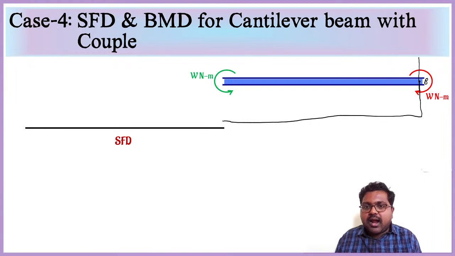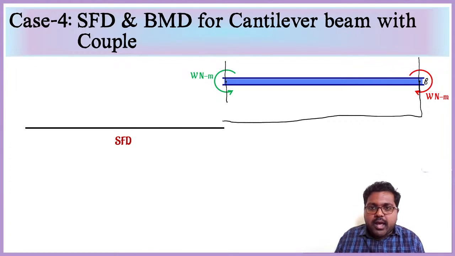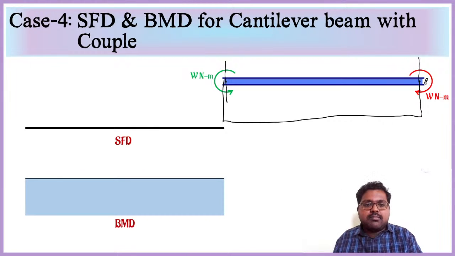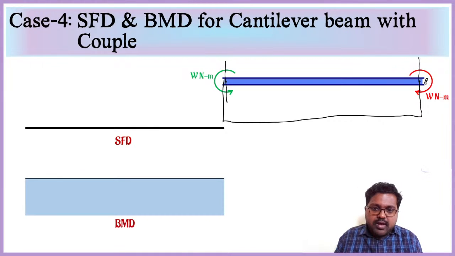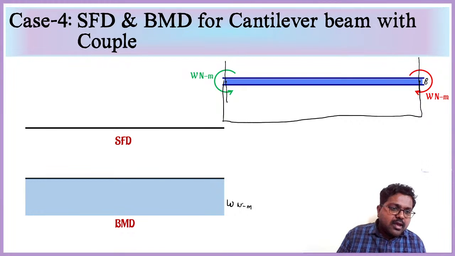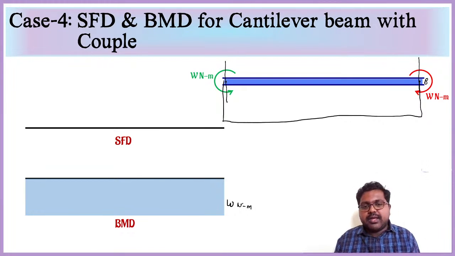And at the fixed end, if we take the cross section, an opposite reaction moment is acting with the same intensity, so it will become 0. So the bending moment diagram will show like this. We have W Newton meter intensity continuing from B to A, and it winds up to 0 over here.